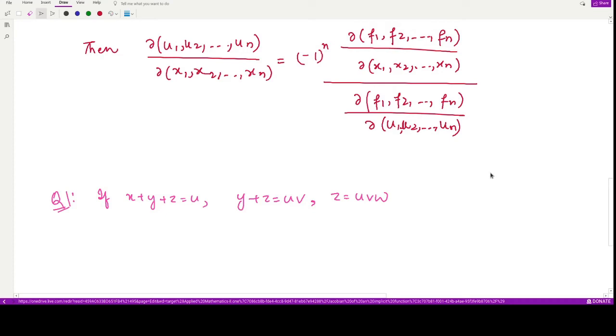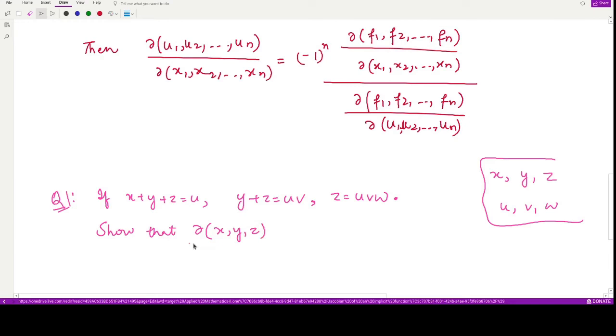You have variables x, y, z and the variables u, v, w. So three dependent and three independent variables are given, which means three equations are required here. You have to show that del of x, y, z with respect to u, v, w is equal to u square v.